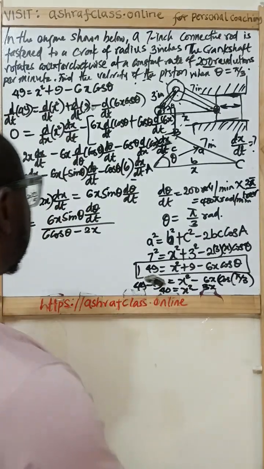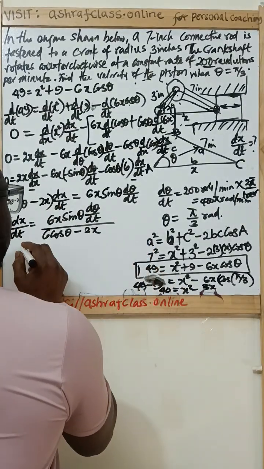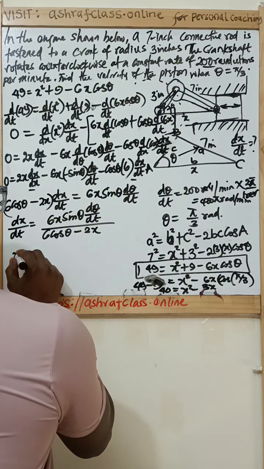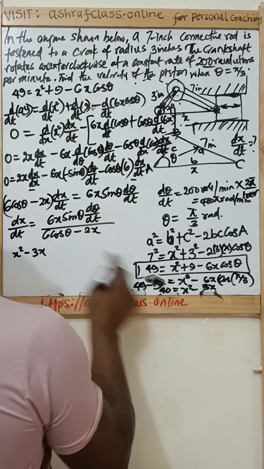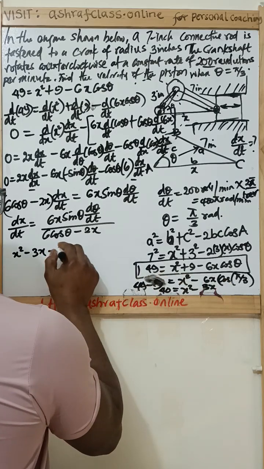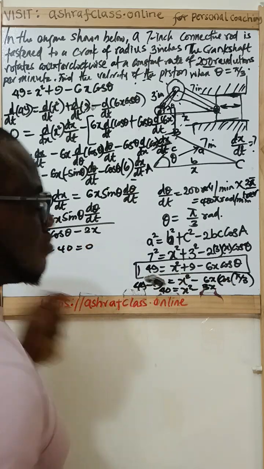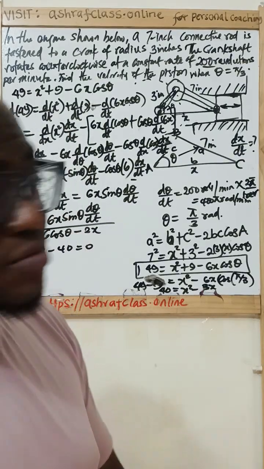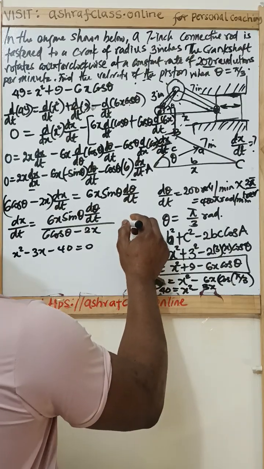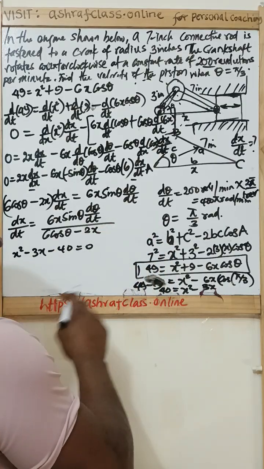Okay? And from here now, what is going to be x? So x squared minus 3x. If this 40 goes to the other side, minus 40 is equal to 0. So we can solve this one by using the quadratic formula, right? Quadratic equation. We can use factorization as well.